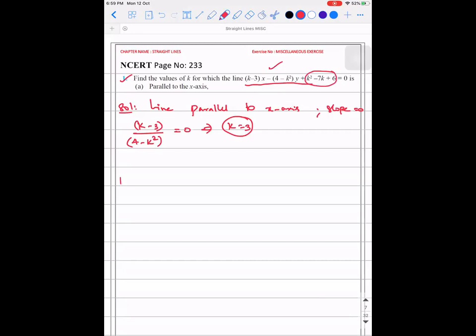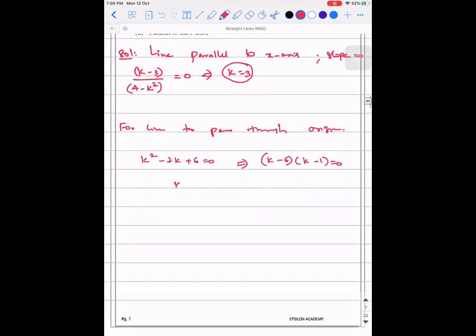So for the line to pass through origin, k square minus 7k plus 6 must be equal to 0. So it will be k minus 6 into k minus 1 is 0. So k will be how much? 1 or 6.